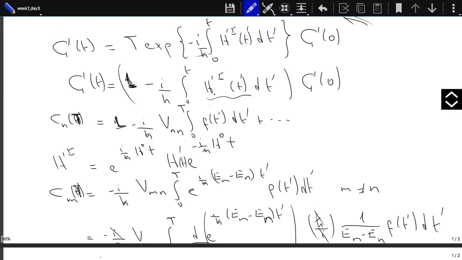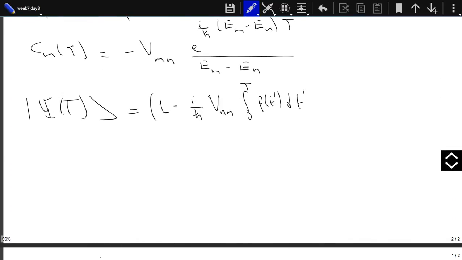So it is this term. This is our Cn of t. This is multiplying psi n. And of course, here we also have e to the power minus i over h bar En of t.